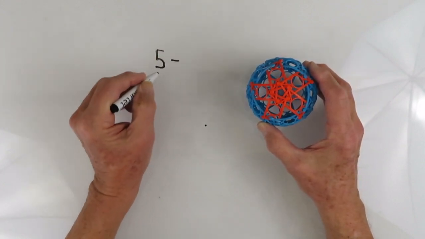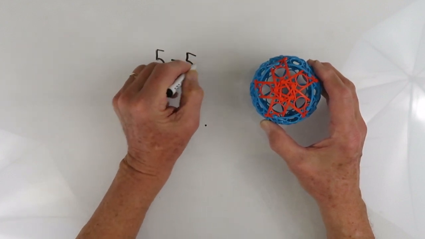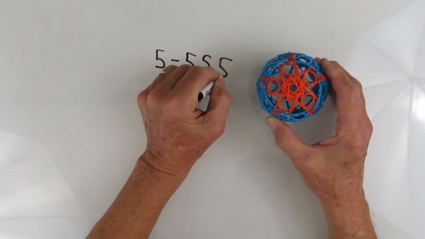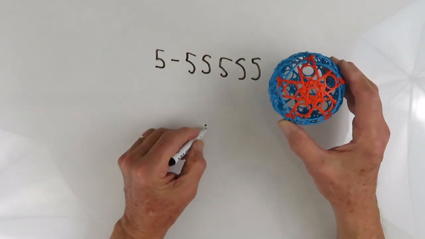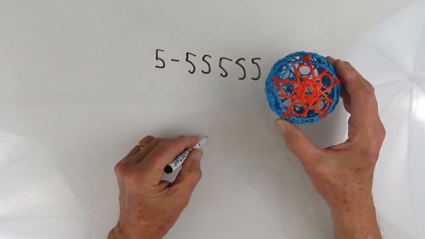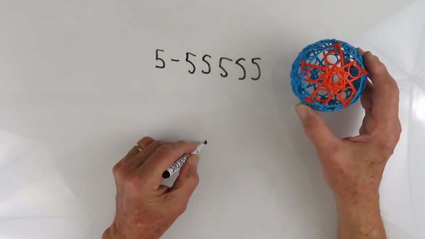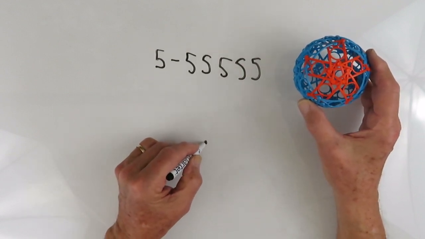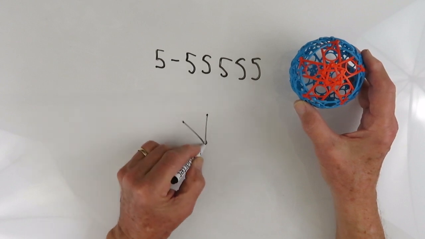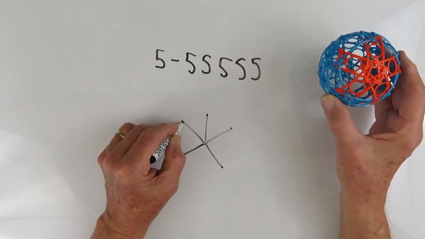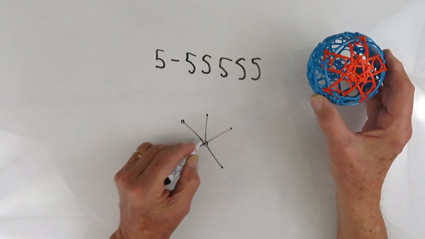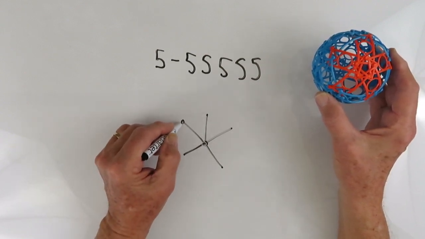It's a 5-edge node, and then each 5-edge node has 5 edges around it. So we can start with one node, as we did with the tetrahedron, put in 5 neighbors, and then we can begin to apply the program to the other nodes.